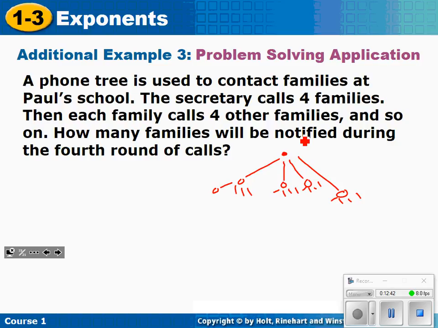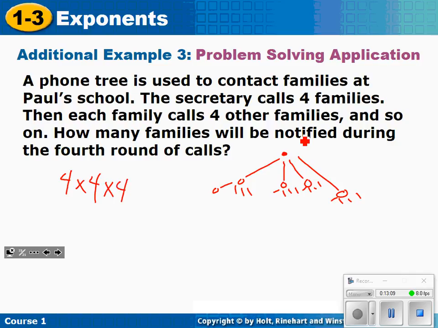So what we got to do is figure out on the 4th round of calls how many people are called. So basically, it's 4 in round 1, right? In order to figure out round 2, we got to multiply that times 4. To figure out round 3, we got to multiply that times 4.